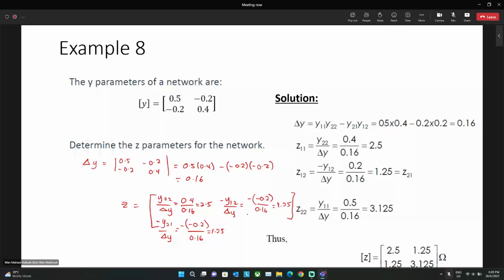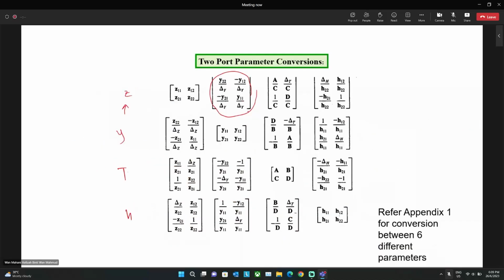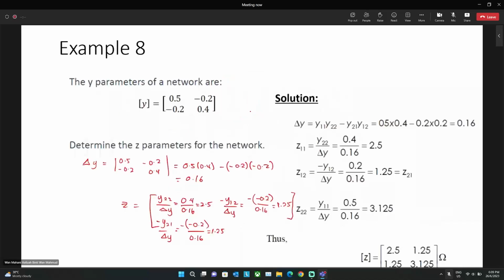And then last sekali adalah Z22, Y11 divide with delta Y. Y11 is 0.5, delta Y 0.16, dapatlah 3.125. So ini adalah sebutan Z parameter dia. 2.5, 1.25, 1.25, 3.125, unit semua ohms. Ini cara macam mana nak convert daripada Y kepada Z.